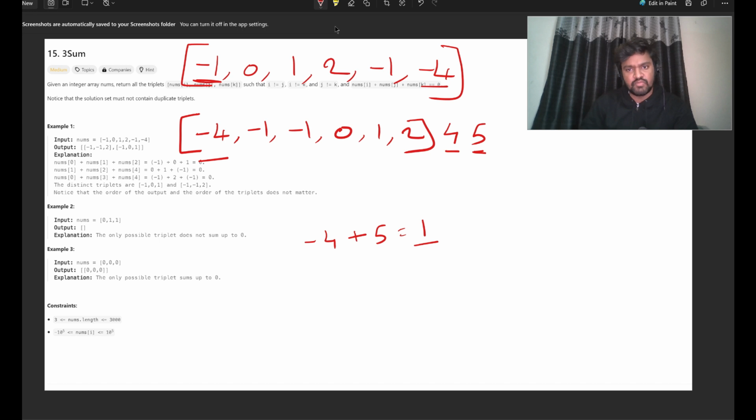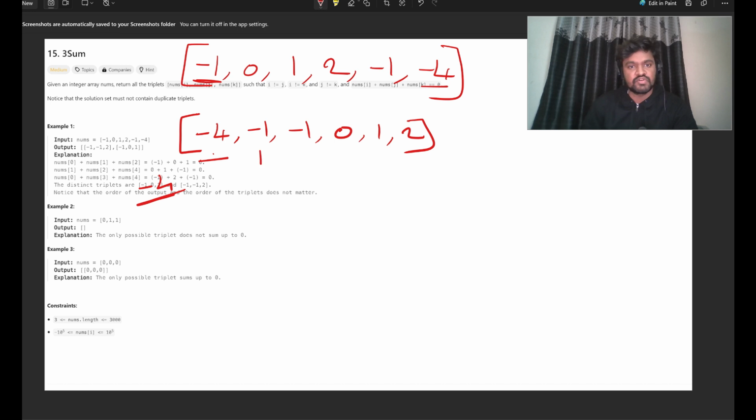So you can move here, and when you move, you will get 4, and when you sum it with -4, it will become 0. So this is the procedure we are going to use with this problem. When you solve it, you would get it easily. Now, as I said, I'm going to take this -4 as a primary number, as a static number, and as usual, it is a two-pointer.